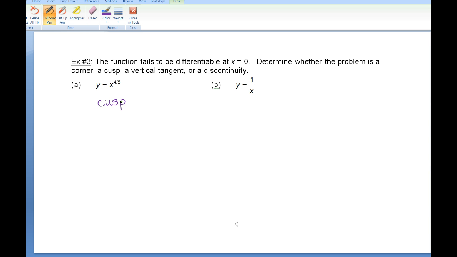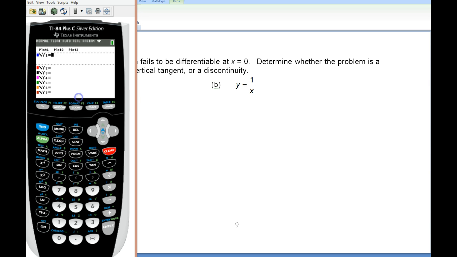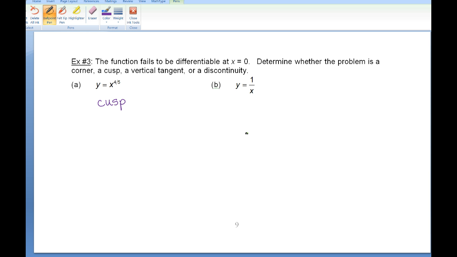And 1 over x, what's that? What do you think? Vertical tangent. Yeah, it's an asymptote there. So that has to be a discontinuity. That's an infinite discontinuity, right? At 0? Okay, be careful here. The graph itself has a vertical tangent. That's annoying, but the vertical tangent means that it's a discontinuity. So it doesn't matter what kind of discontinuity it is as long as it's a discontinuity.